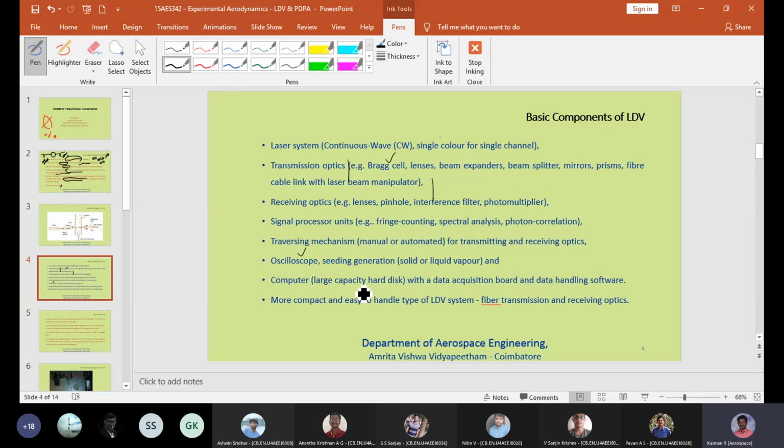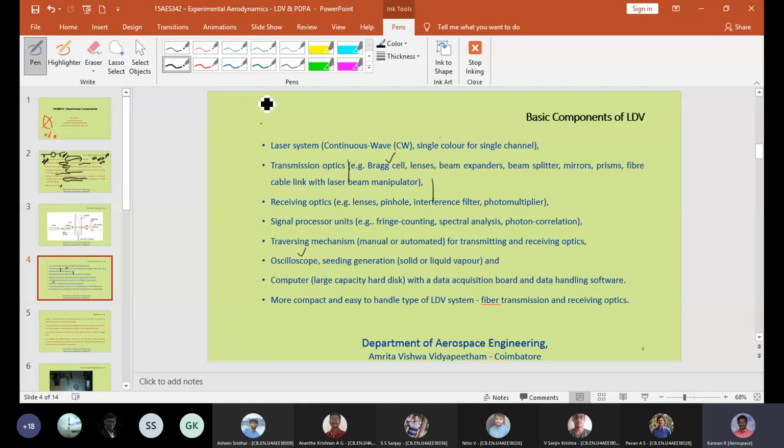If you want an easy-to-handle type of LDV, you need fiber transmission and receiving optics. These are the components of your LDV: transmission optics, receiving optics, signal processing unit. Sometimes you need a traversing mechanism. You can use manual or automated.